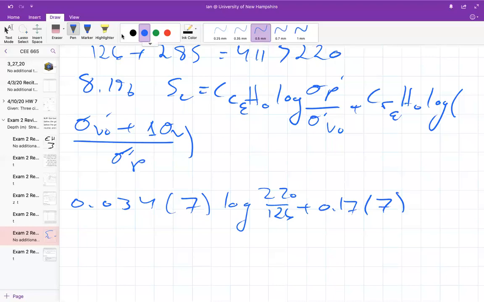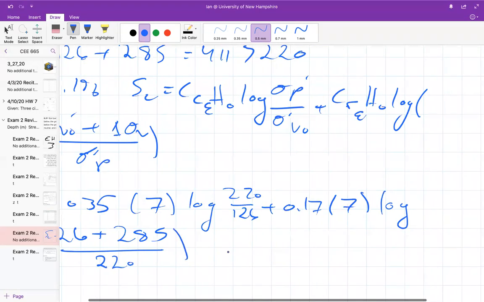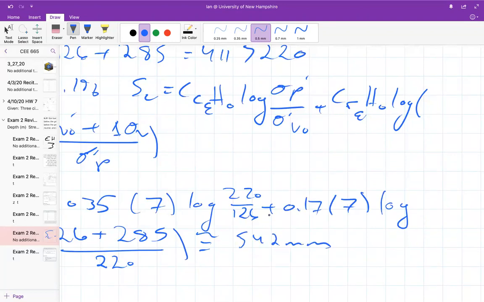Oh, sorry, I use 0.5 times the log of 126 plus 285 over 220. When we do this math, we should get somewhere around 542 millimeters. And that'll be our total settlement.